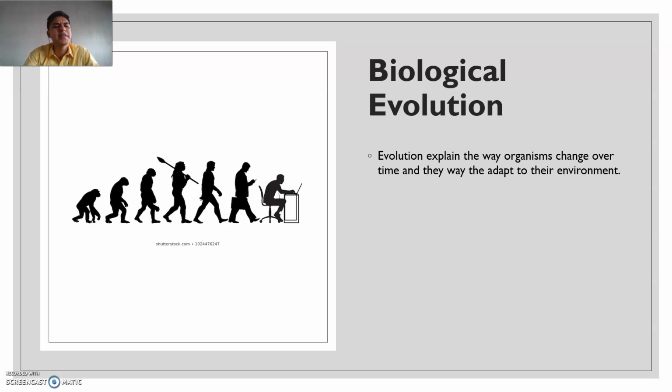So how is it possible? Evolution explains the way organisms change over time and the way they adapt to their environment. When we talk about evolution, we can find many different examples, like birds. Where do birds come from? Scientists theorize that birds come from dinosaurs.